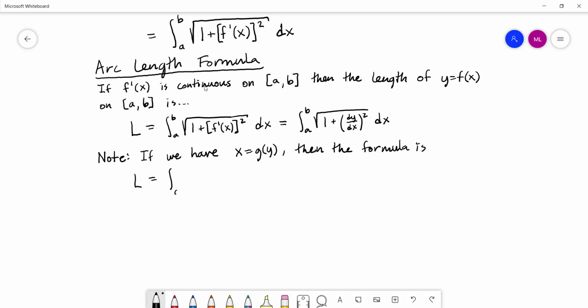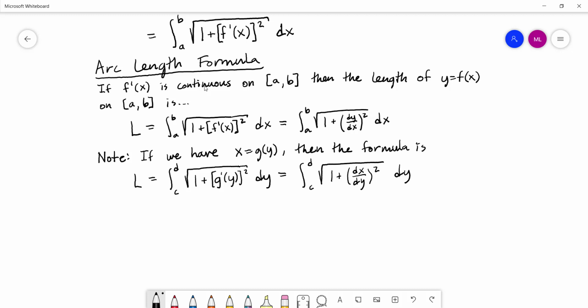So maybe our y starts at a height of c and goes to a height of d, of the square root of 1 plus our g prime of y squared dy, which again can be rewritten using Leibniz notation, which is the dy/dx notation, but in this case it would be 1 plus, instead of dy/dx, it's going to be (dx/dy) squared, dy outside.